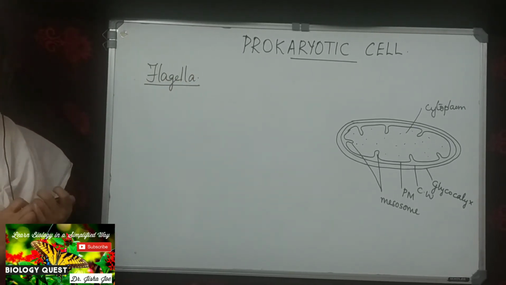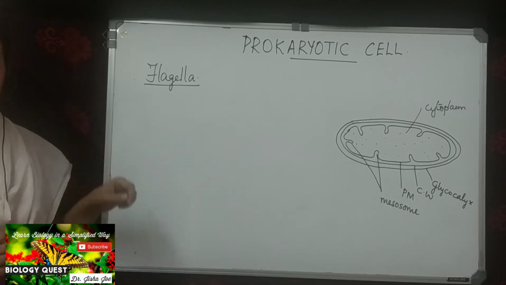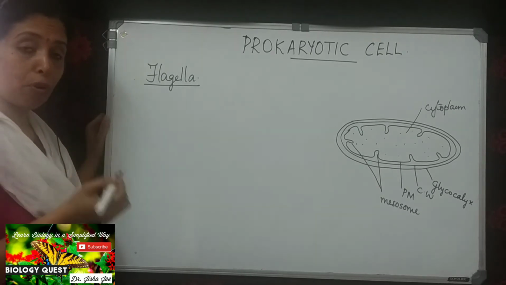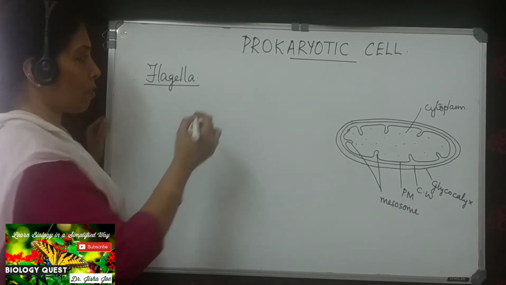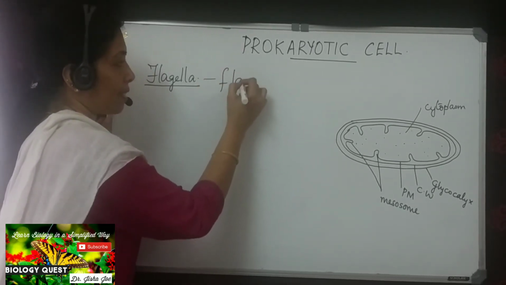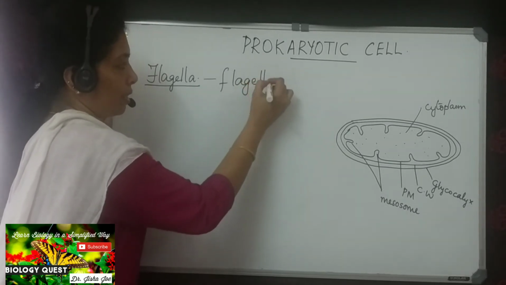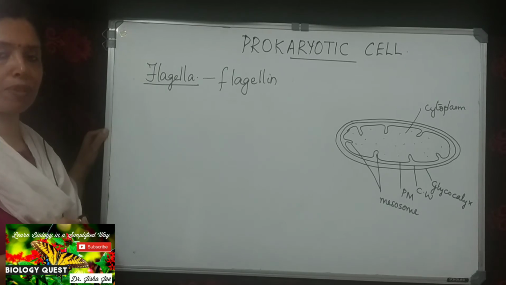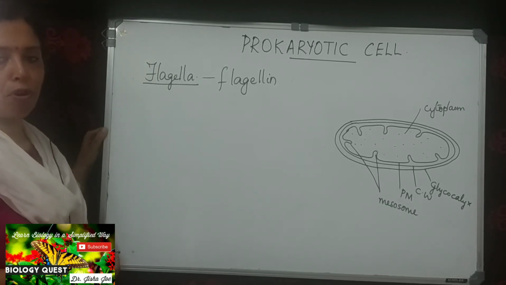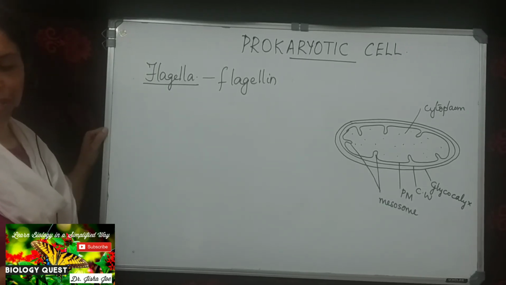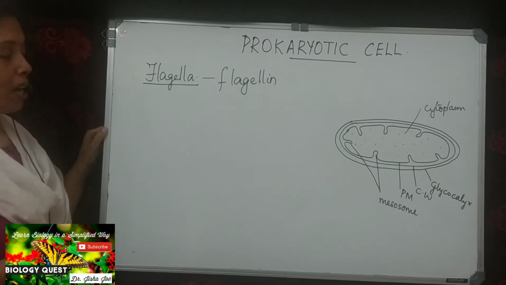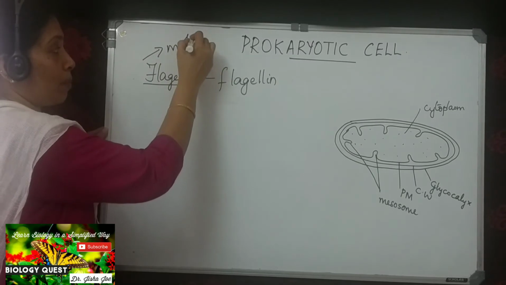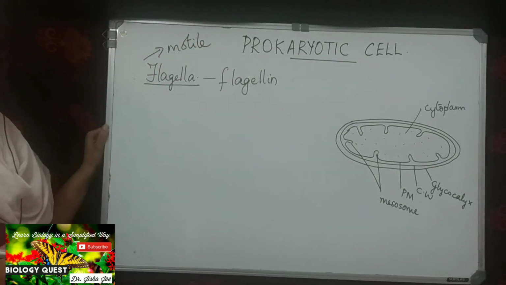These flagella are filamentous extensions from the cell wall in the form of proteins. They are formed of proteins called flagellin. So they are extensions of the cell wall, filamentous extensions, and they are formed of a protein which is called flagellin. Flagella are present only in motile forms because they are concerned with movement of the cells.